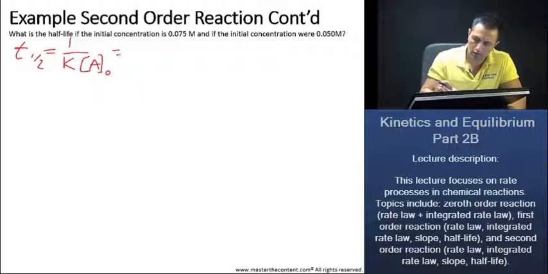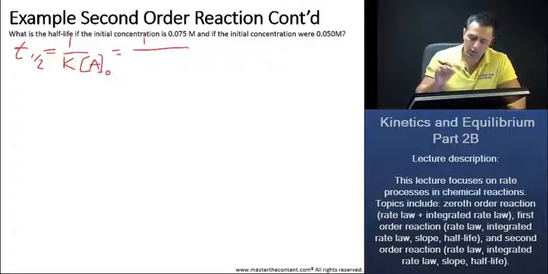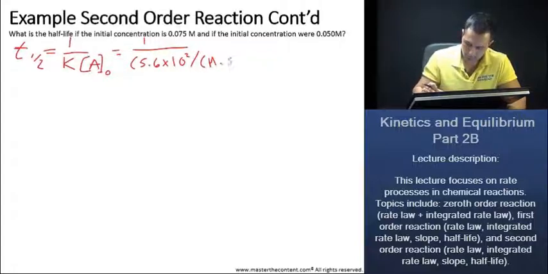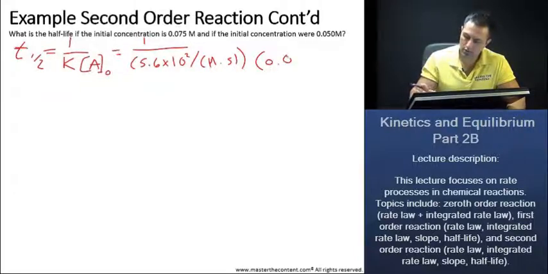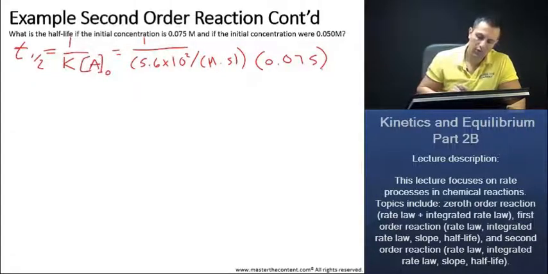Great. This is going to come here, and if we recall, the value for our rate constant was 5.6 times 10 to the power of 2 with the following units, and our concentration that's telling us that it is, the initial one here is 0.075.